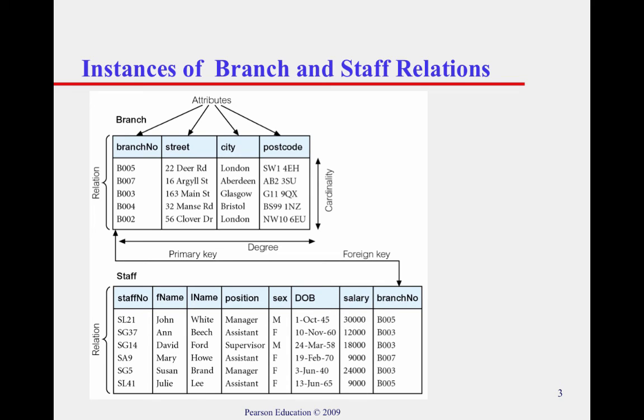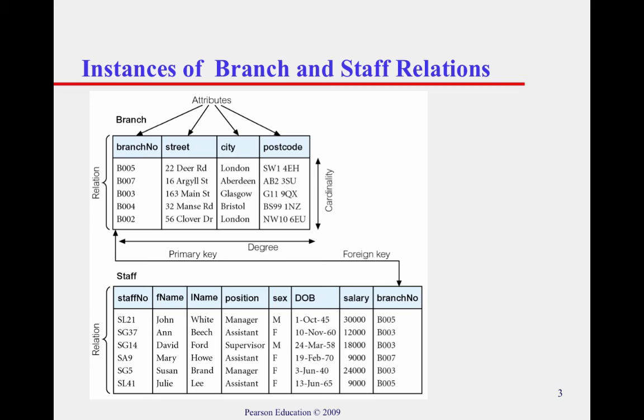So the branch has 4 attributes: the branch number, the street address, its city, and postal code. And we say that the number of attributes is the degree. So the branch has 4 degrees, and the staff relation has how many degrees? 8. So the degree equals the number of attributes. The cardinality is the number of rows that are in the table.